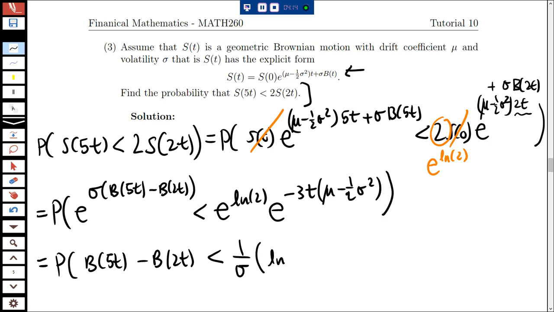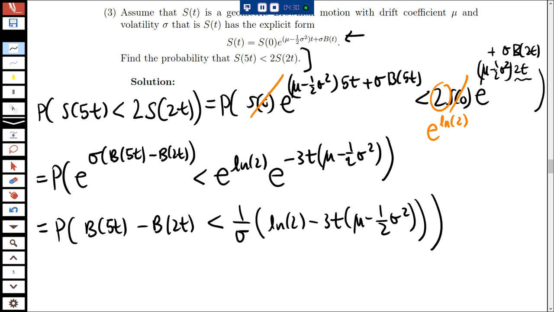Log of 2, take away 3t of that bracket. So bracket's enough. I need one more. Okay, so this is just algebra. I'm just simplifying. I don't think I can do much more here.